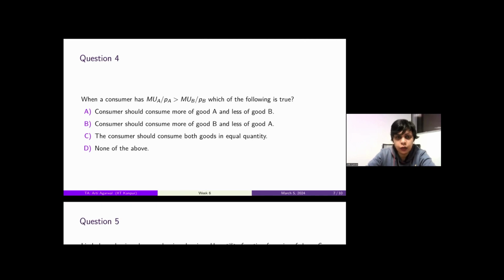It's a conceptual question. There's nothing to solve in this question. How do you think we go about these type of questions?